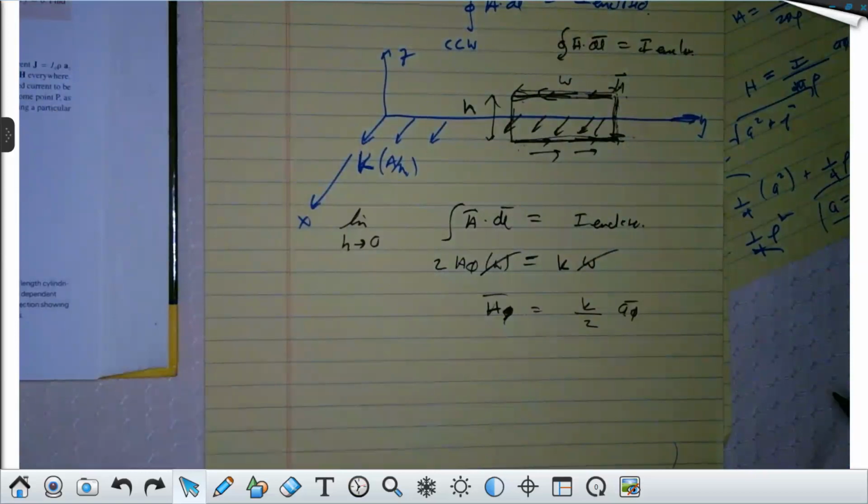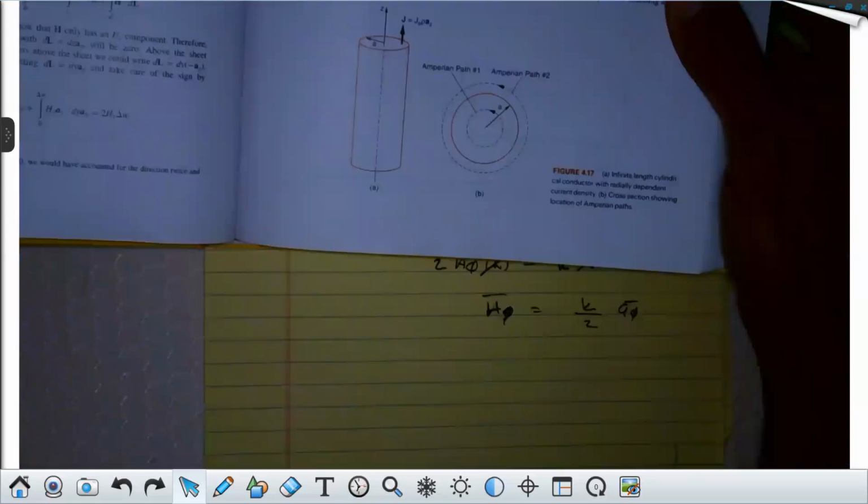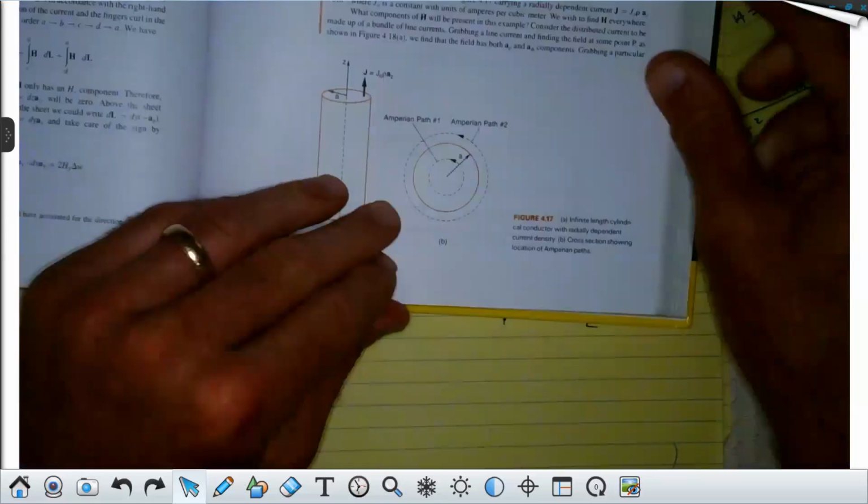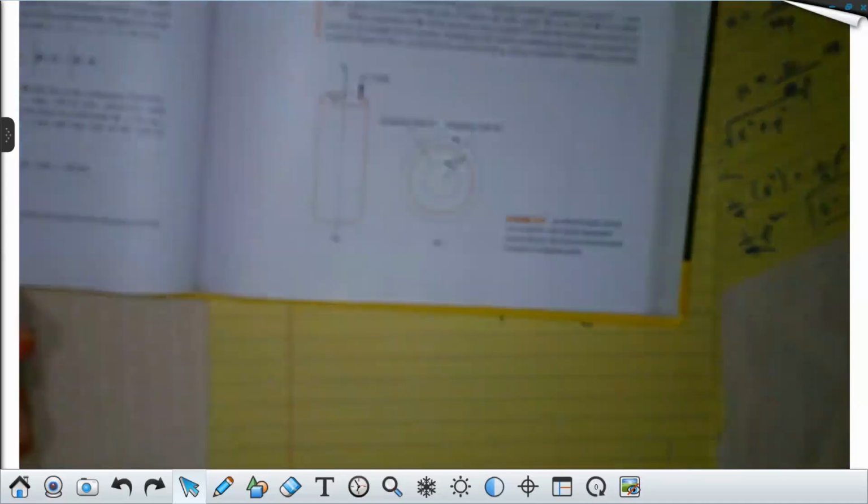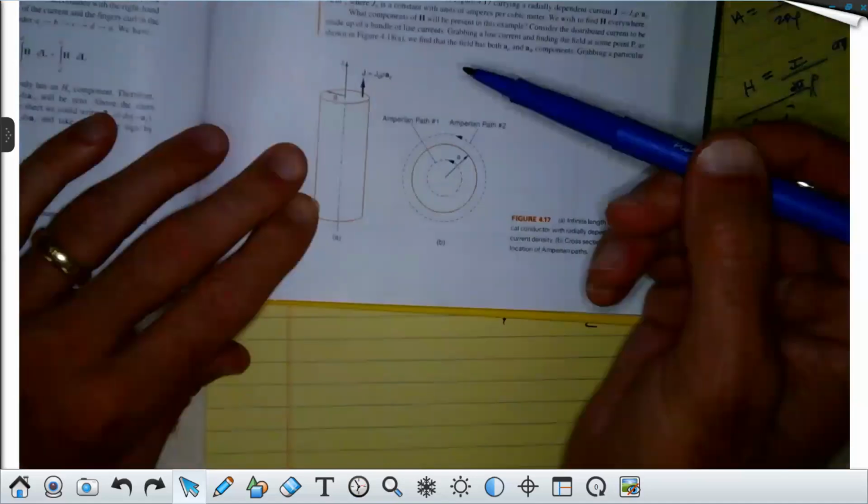And it's very similar in nature to solving for the D field from an infinite plane of charge. Now, the next thing is this. And this is a Wentworth thing. He'll show you, well, what kind of problems can this actually be used for? Basically, it's cylindrically symmetric problems. That's mainly it.